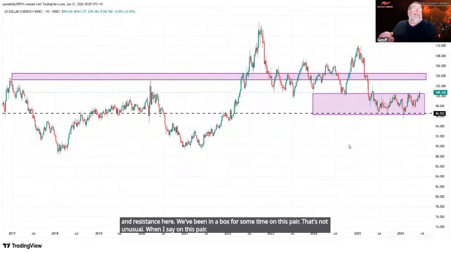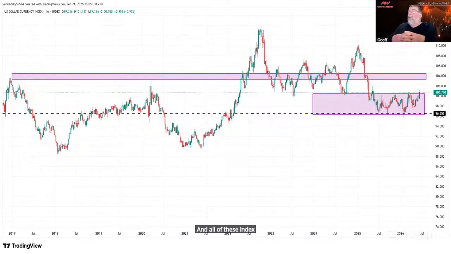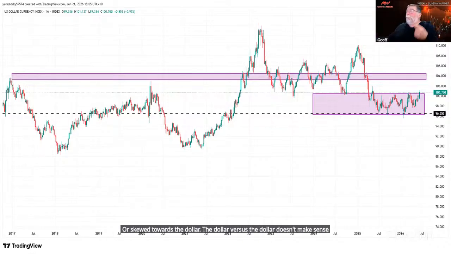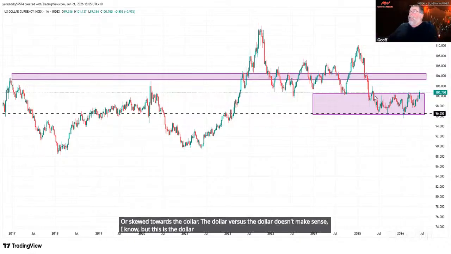The dollar index and all of these indexes that I'm going to look at are very heavily swayed or skewed towards the dollar. The dollar versus the dollar doesn't make sense, I know, but this is the dollar index that is telling me how strong the dollar is against a basket of currencies, right?